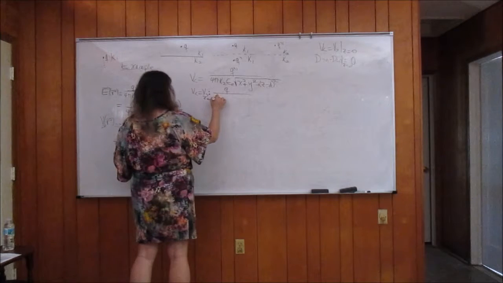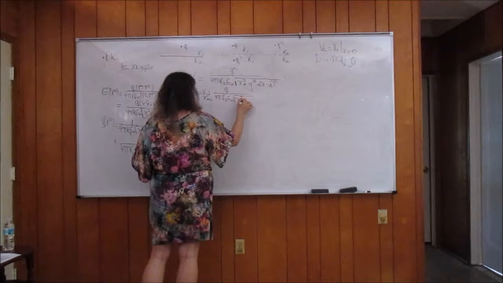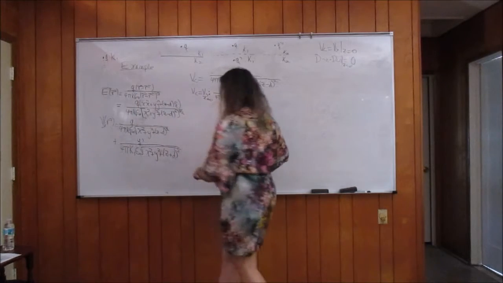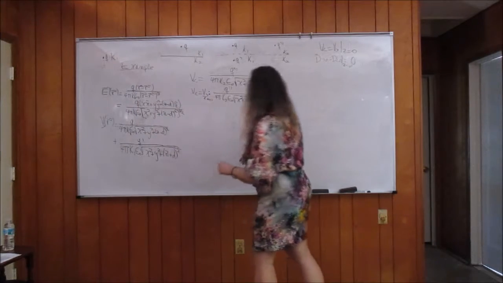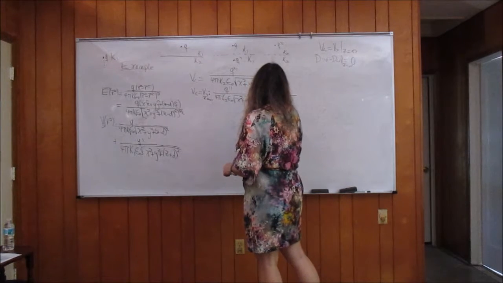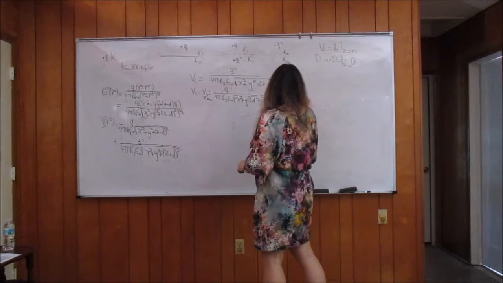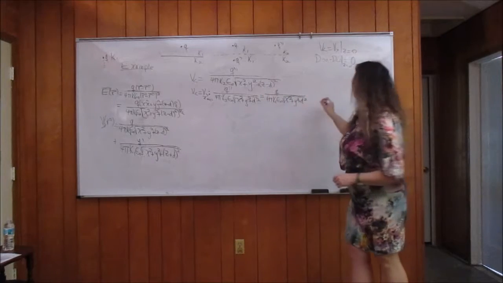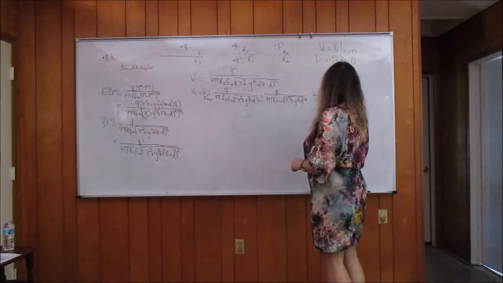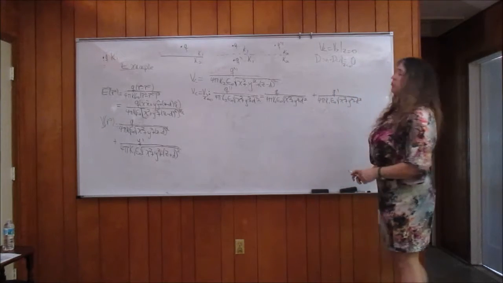So we'll have Q double prime over 4 pi k2 epsilon naught square root of x squared plus y squared plus d squared is equal to Q over 4 pi k1 epsilon naught square root of x squared plus y squared plus d squared, plus image charge Q prime over 4 pi k1 epsilon naught square root of x squared plus y squared plus d squared.